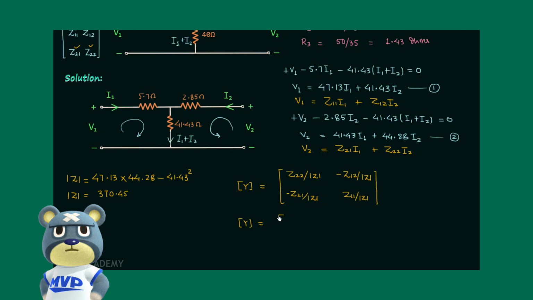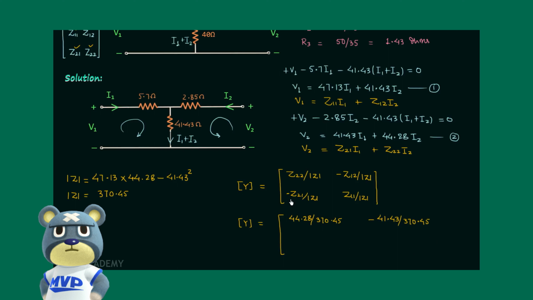The first element will be 44.28 divided by 370.45. Then we have minus Z12, which is 41.43 divided by 370.45.